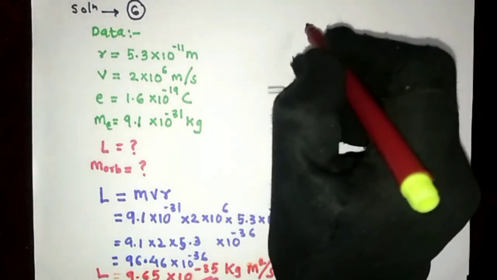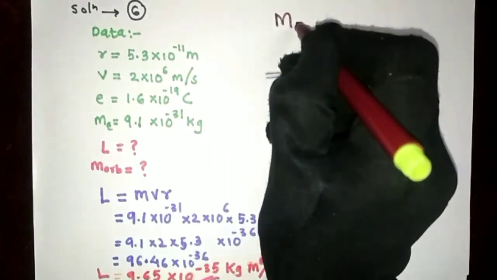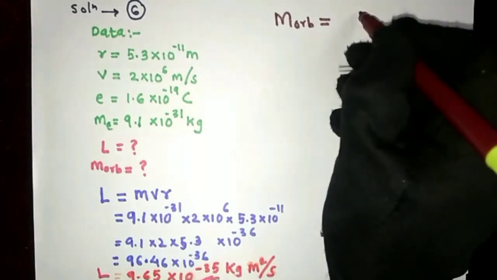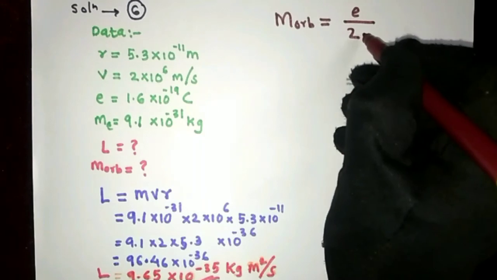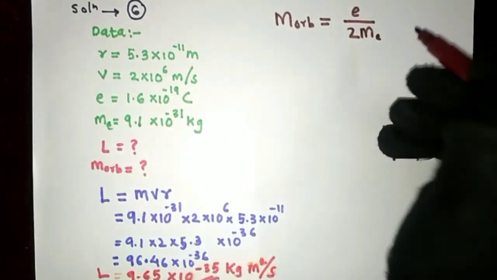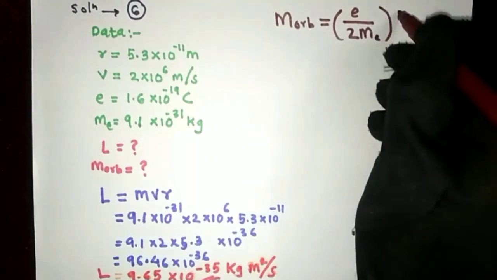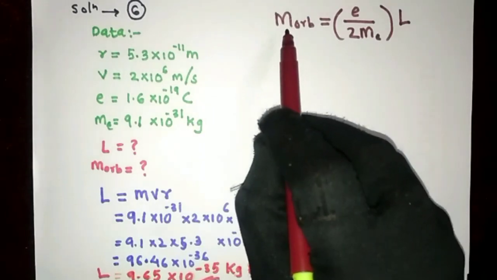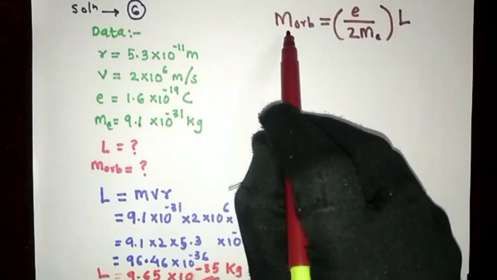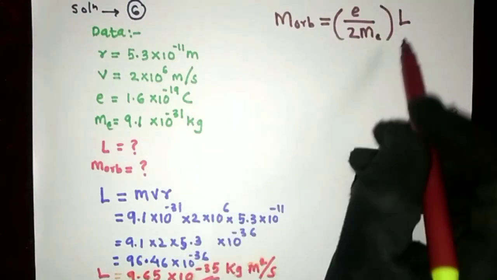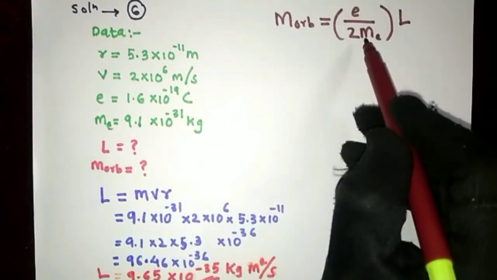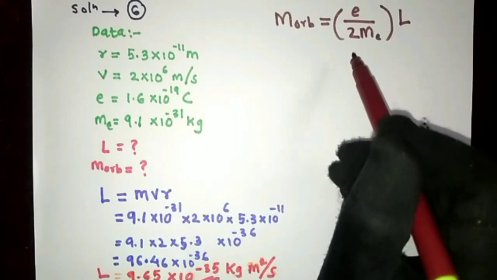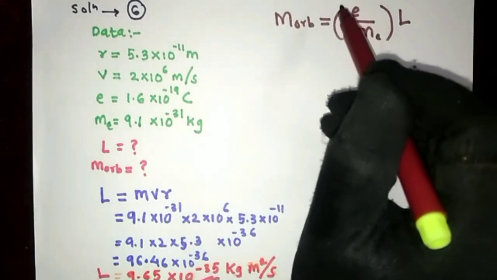The formula for this is M equal to e upon 2me, that is the mass of the electron, into L. See, the relation between orbital magnetic moment and angular momentum is this, where e upon 2me is called the gyromagnetic ratio, which I had already explained in my previous video lecture.